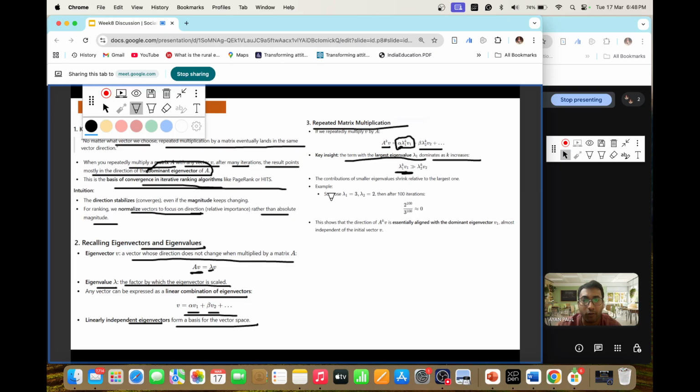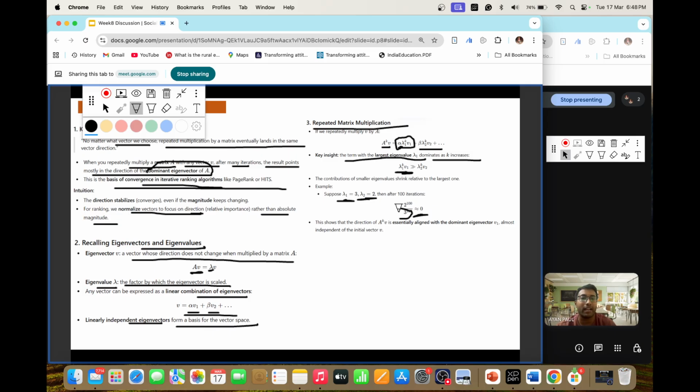For example, let's say lambda 1 equals 3 and lambda 2 equals 2. If we are talking about lambda 1 by lambda 2, it is only 1.5. But if we put 2 to the power 100 divided by 3 to the power 100, it will be almost 0. Okay, so that is how it works. With every iteration, the largest eigenvalue, that is 3 here, will have more influence than 2.